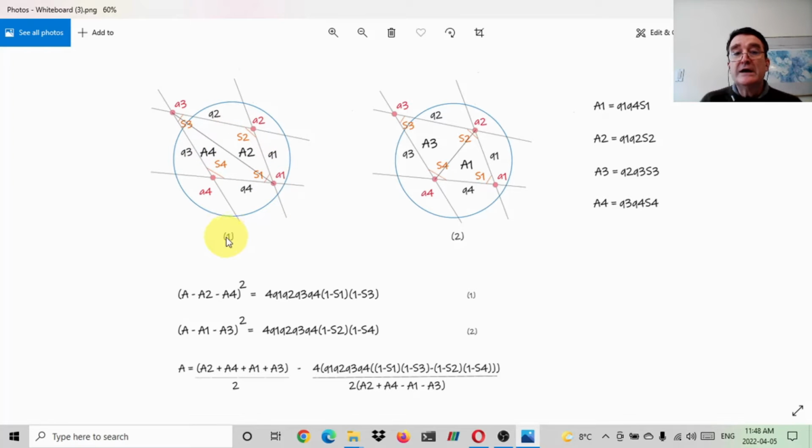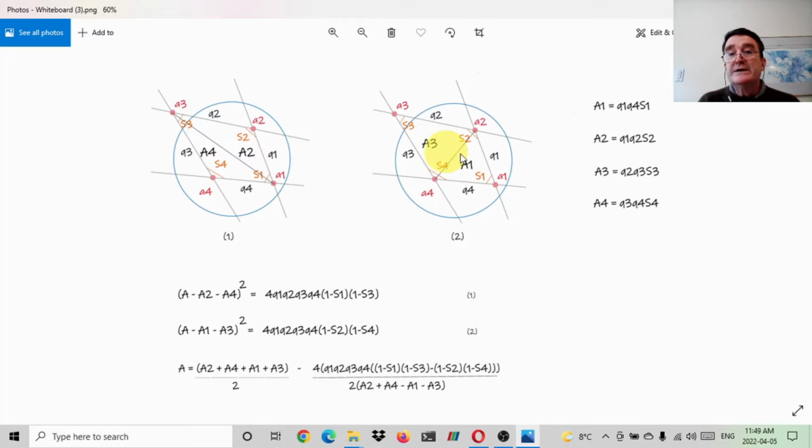Here in figure 1, I have the quadrangle A1, A2, A3, A4, and there's a chord between A1 and A3. This divides the quadrangle into two triangles with quadrias A2 and A4. Similarly, we have the same quadrangle in figure 2, and we've triangulated it with a chord between A2 and A4.